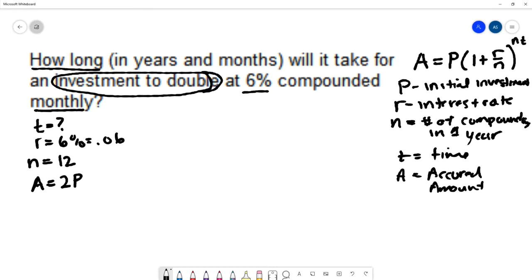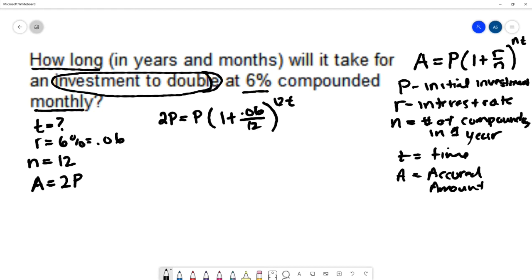So we're going to be able to solve for our time by substituting into the formula. So we'll substitute in A is 2P. Then we have P times 1 plus 0.06 over 12 to the 12T.